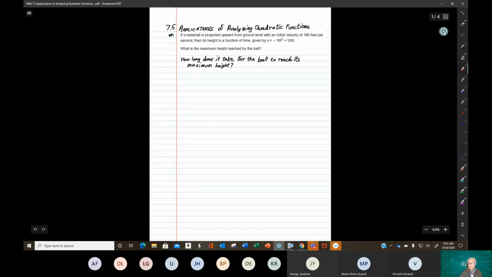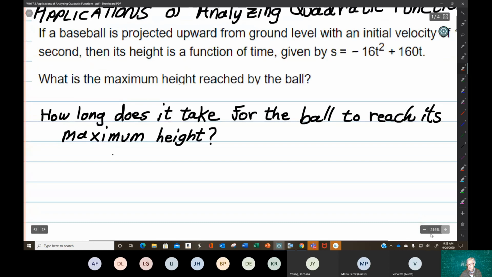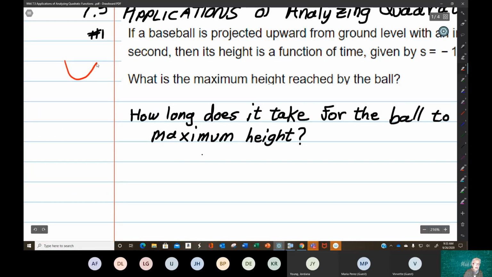We are now going to, last week we analyzed some quadratic functions, talking about the vertex and how the vertex gives you, if you have the graph of a quadratic function shaped like that, then the vertex is at the bottom, so it's a minimum.